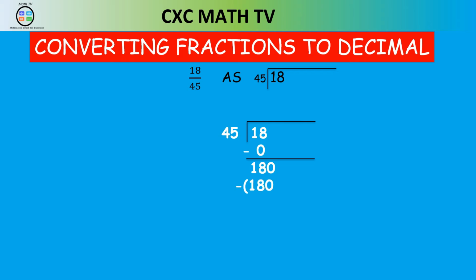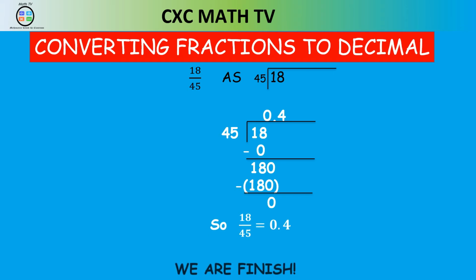Alright? So we add our 0 now, and anytime we add our 0, we put a point in the quotient. Now 45 into 180, that goes 4 times. 45 times 4 is 180. And so if you got this, you're correct. 18 over 45 is 0.4. You are correct, and we are finished.